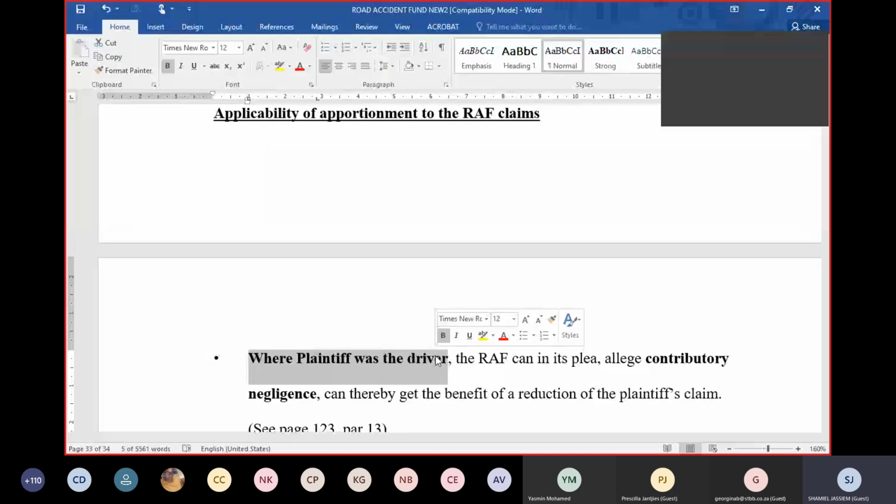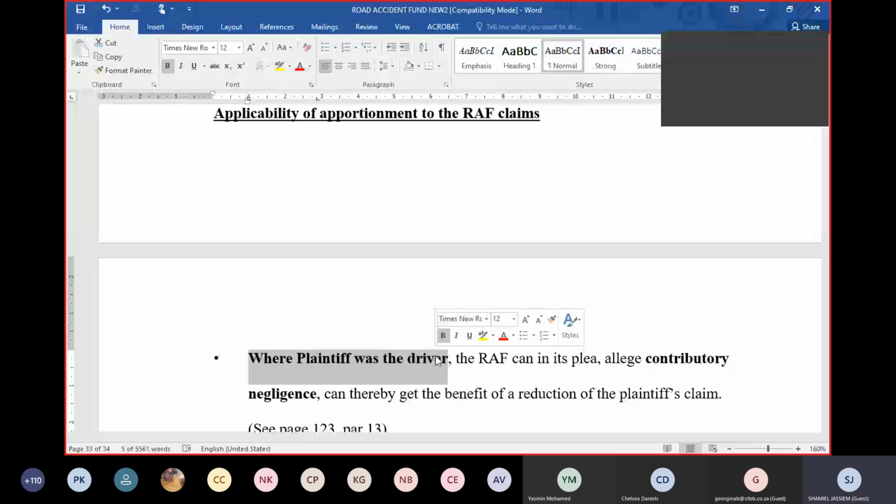So I failed to keep a proper lookout, so did the driver of motor vehicle B, so we are equally to blame. In that case, the RAF will step into the shoes of the driver of motor vehicle B, and the RAF need not bring me before court or as a party to proceedings. I'm already there. In that case, the RAF will merely plead contributory negligence in its plea.